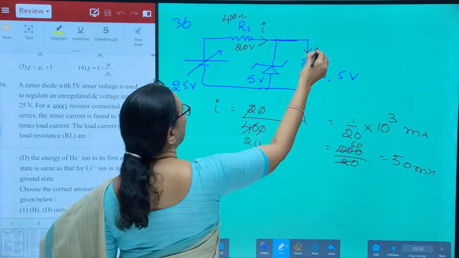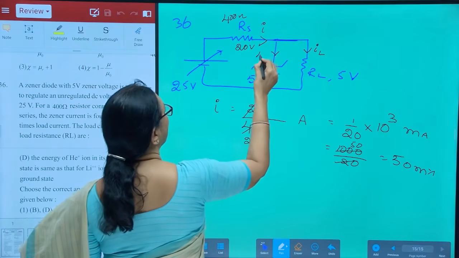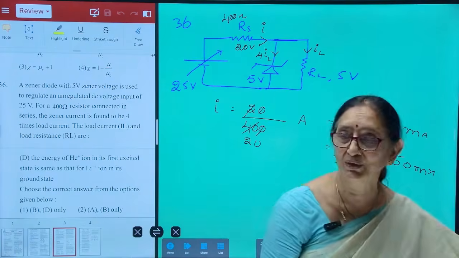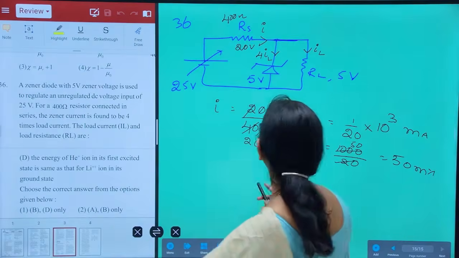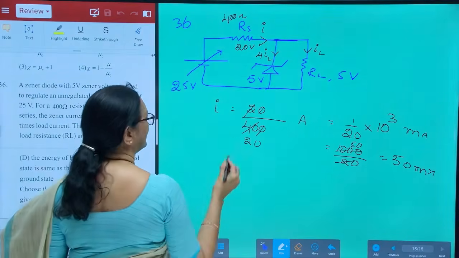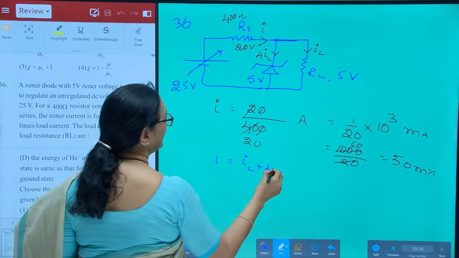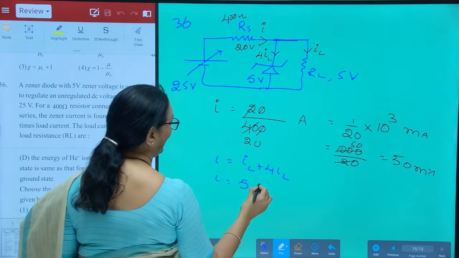Now, current through the load resistance is IL. Zener current is found to be 4 times the current through the load resistance. From Kirchhoff's law, I is entering this junction, so I is equal to IL plus 4IL, so I is equal to 5IL.